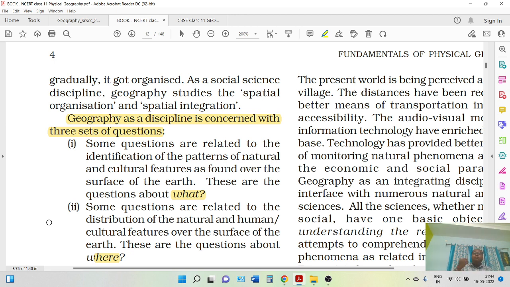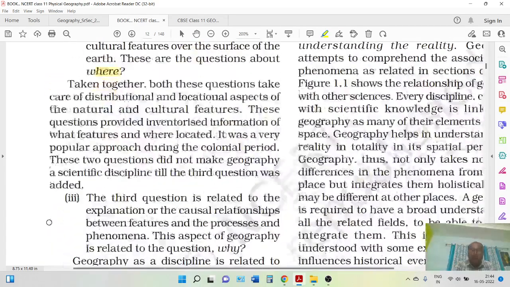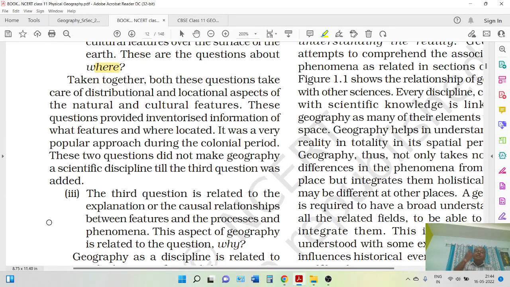In this way we use compass directions, and latitude and longitude. To point out the different cultural and physical features, we ask where. Where is the Himalaya? Where is the Arabian Sea? Where is the United Arab Emirates? Where is the North Pole?